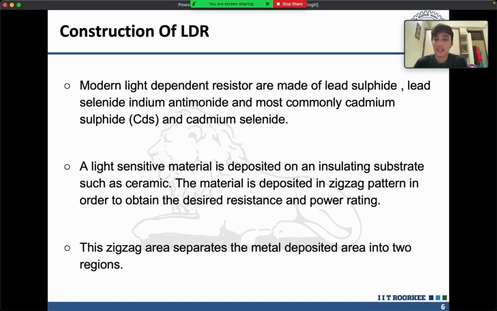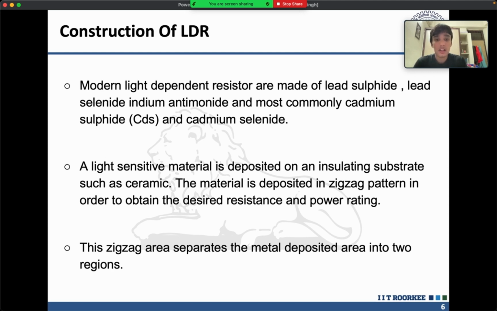Now what is the construction of LDR, like how is it constructed? So modern LDRs are made up of lead sulfide, lead selenide, indium antimonide, and most commonly cadmium sulfide and cadmium selenide. A light sensitive material is deposited on an insulating substrate, for example ceramic.